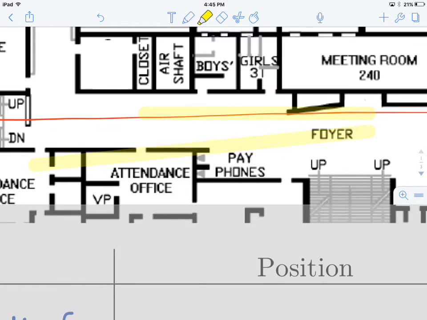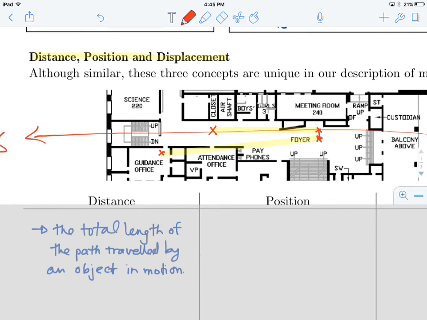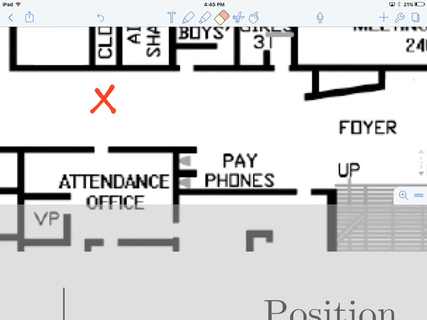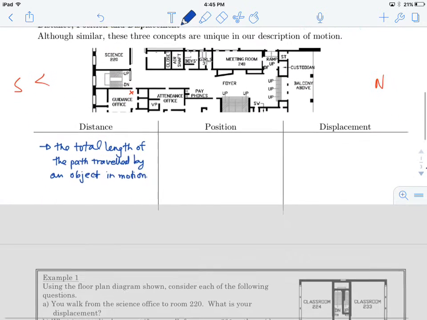What we would do is ask how many meters does it take to go from here to here, and then they turn around and go from here to here. We would add up all of these different distances, and that's basically what distance is. That's a pretty standard definition, something most grade 11 physics students are pretty comfortable with.